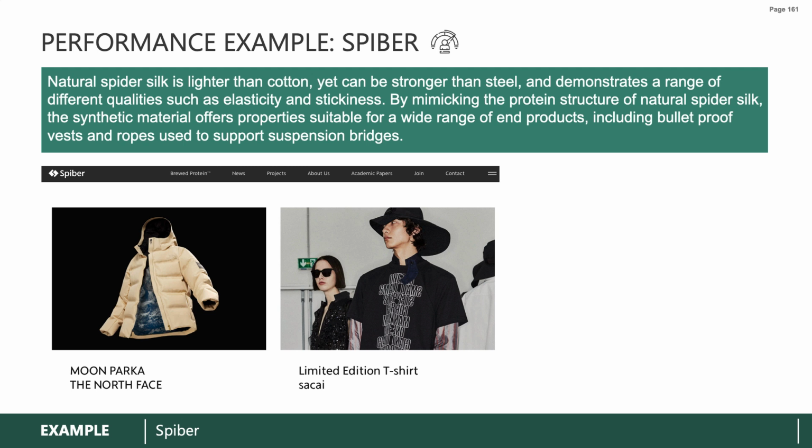Now, the dimensions and performance of that material was unlike any other in the marketplace, including bulletproof vests and ropes and suspension bridges. So this material has got endless numbers of uses besides clothes. But the fact of the matter was that it gives you a performance example.